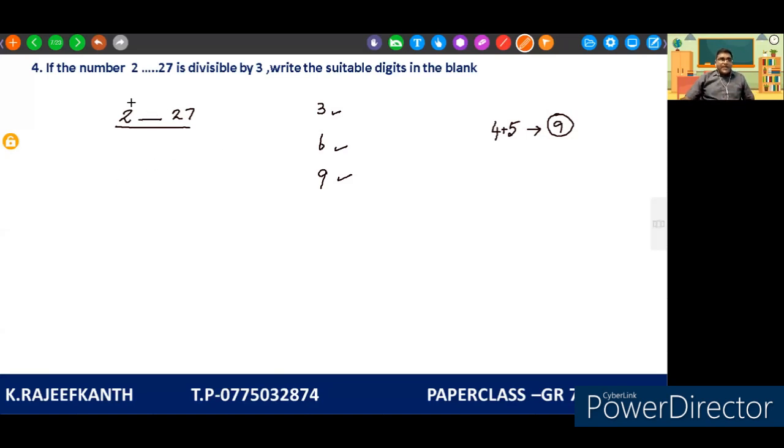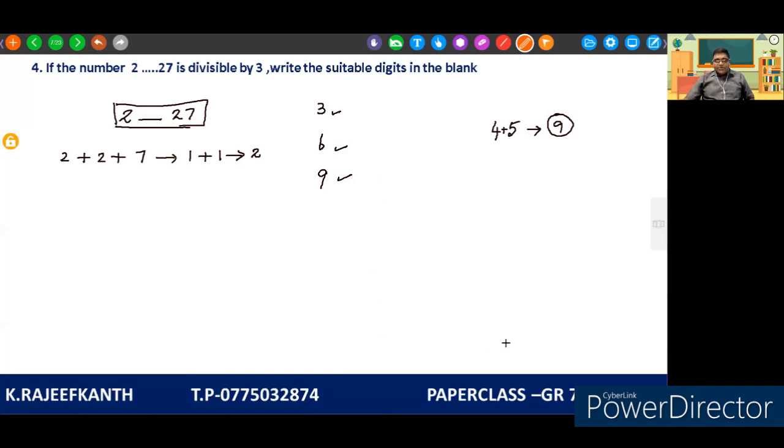Right. So first we will add these 3 digits. Here 2 plus 2 plus 7. 2 plus 2 is 4, 4 plus 7 is 11. Then 1 plus 1 is equal to 2. Here in the question, they are saying that this number is divisible by 3.